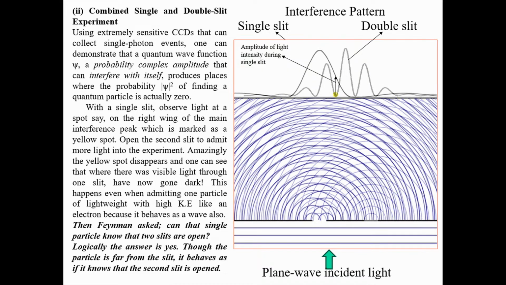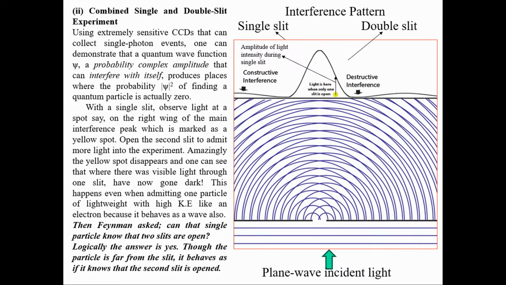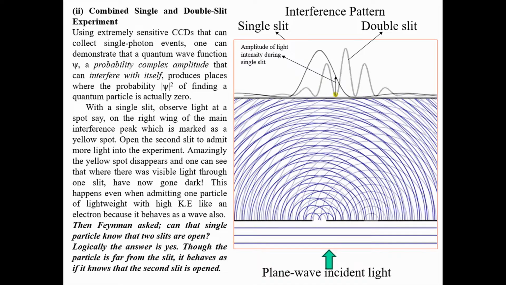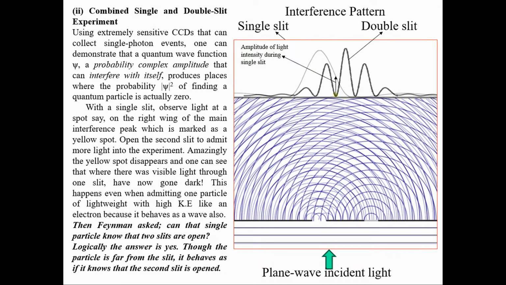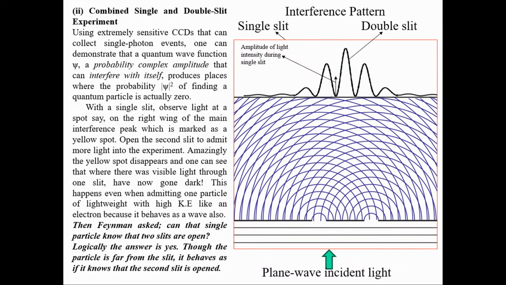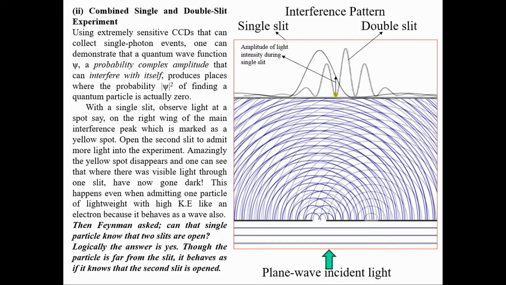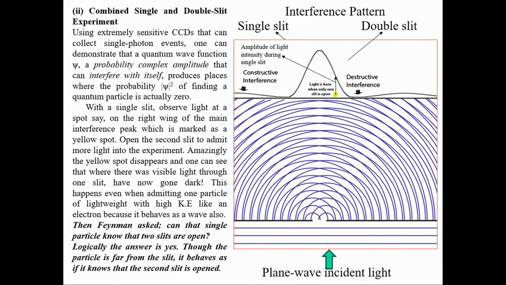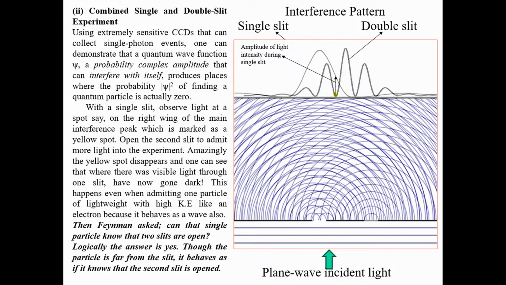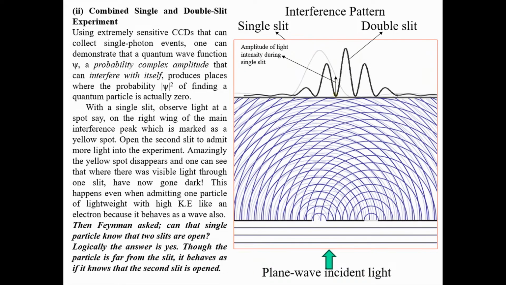Wave also has a particle nature, the dual nature of quantum particles. As if, the slit is opened, immediately it is known, and immediately the intensity is redistributing, and where earlier with a single slit we had some intensity, now it becomes zero. So that is also due to superposition.